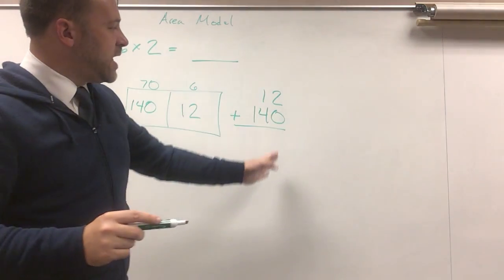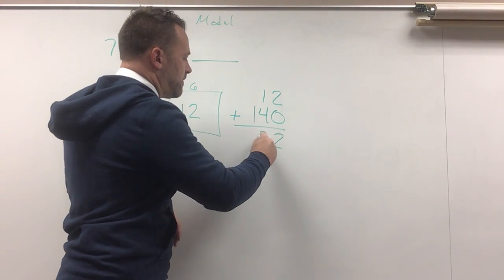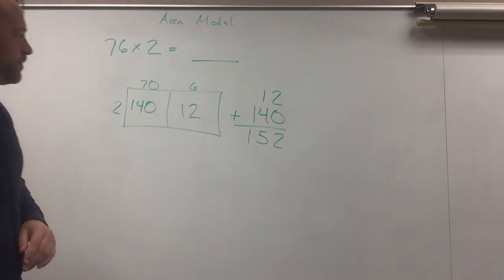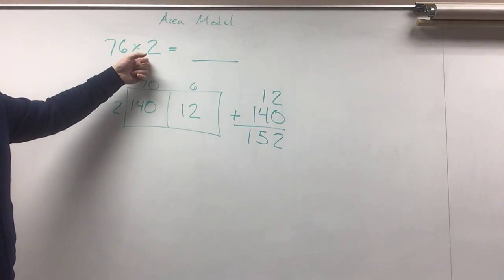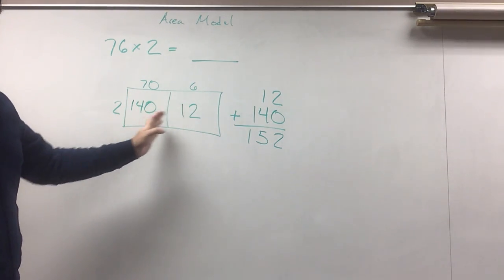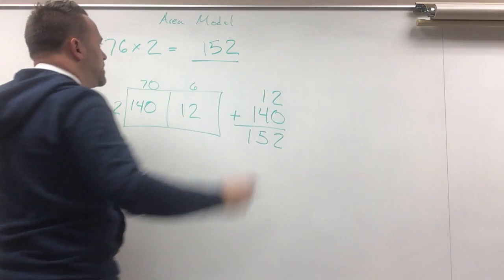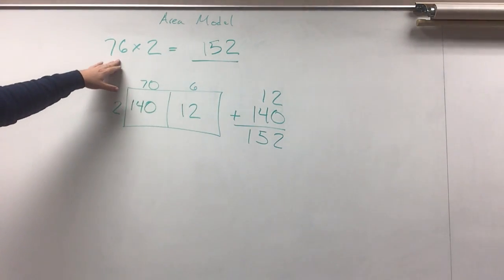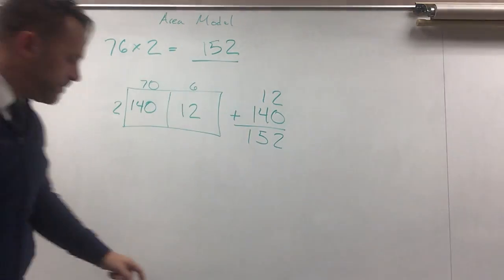Gonna keep my 1s lined up, my 10s lined up, hundreds, 2, 5, 1. So 76 times 2. I really don't want to count by 2s. So I showed my work, got my boxes here, added it up, 152. That's my equation. 76 times 2 equals 152.